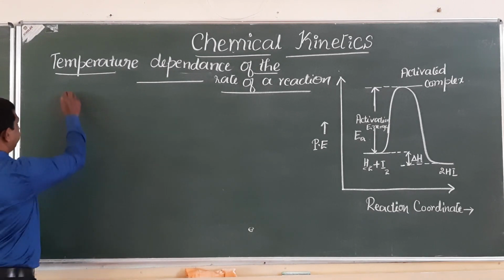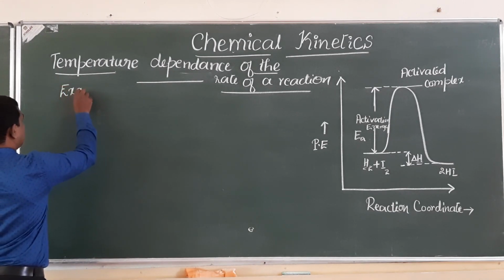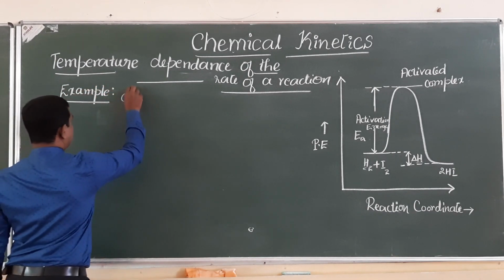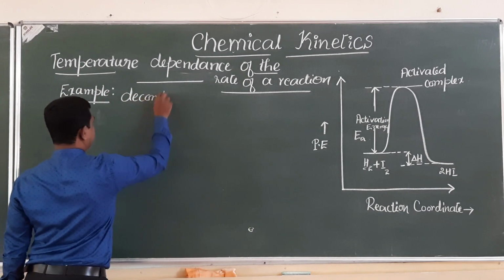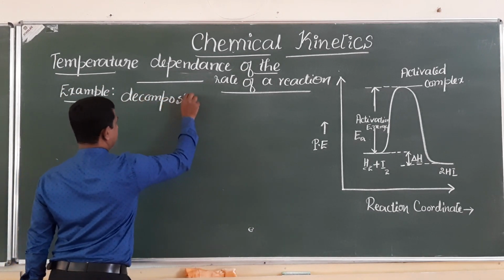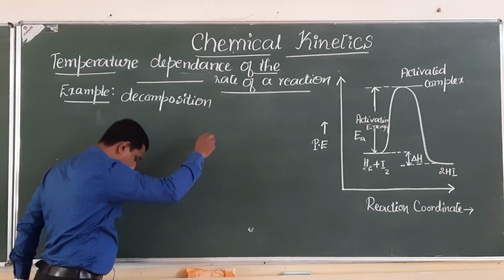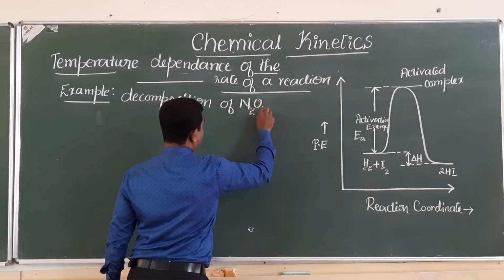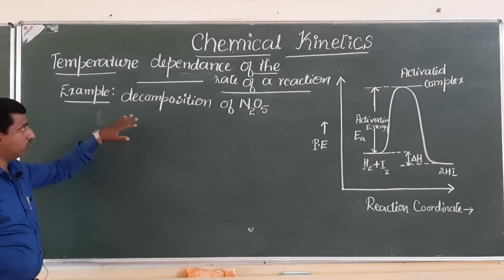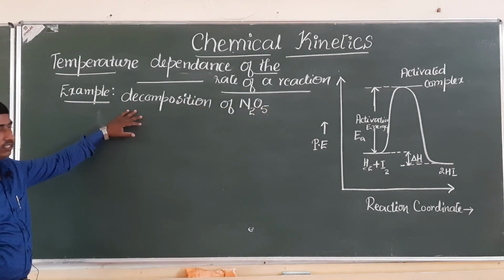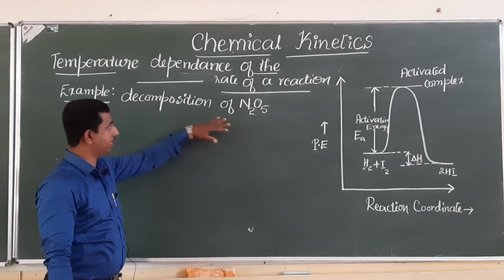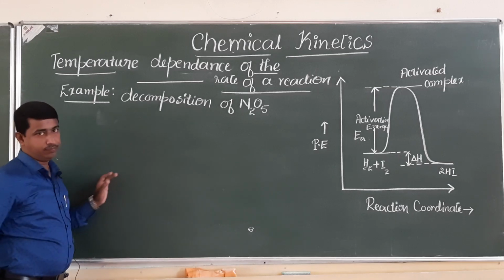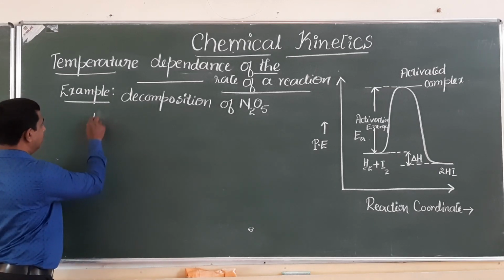For example, decomposition of N2O5. N2O5 means dinitrogen pentoxide. Now, time required, I will write the temperature here.